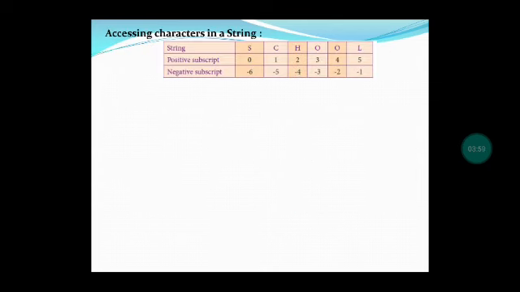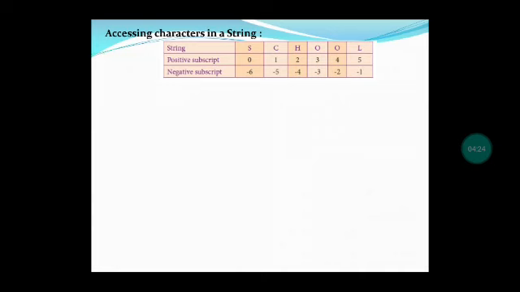Next, how to access the characters in a string. First you should know what is meant by index value. Index value means, if one word is given, every letter has a subscript. Subscript always commences from 0 and the last character is n-1 because it starts with 0.